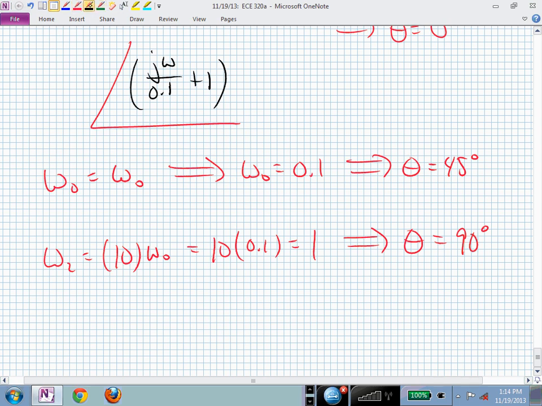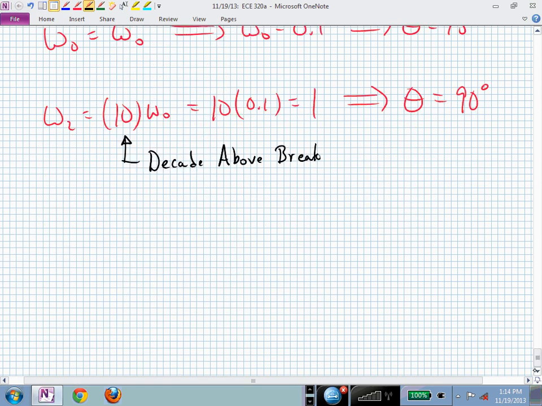This is now a decade beyond, or above, the break. Now we're in a position to sketch the phase.